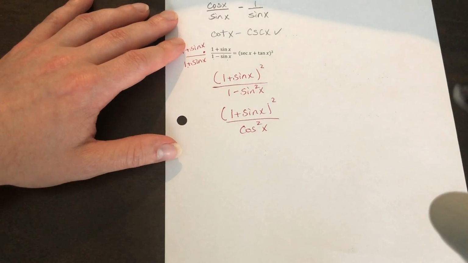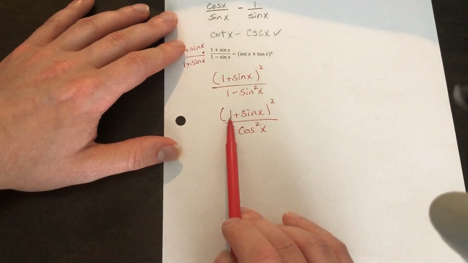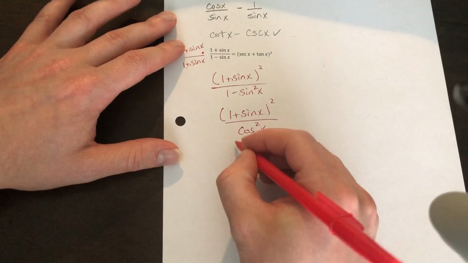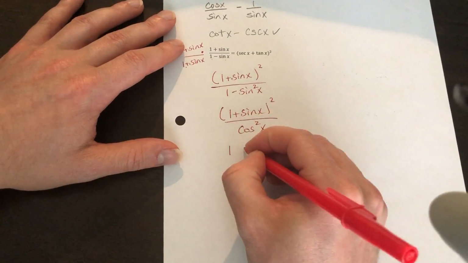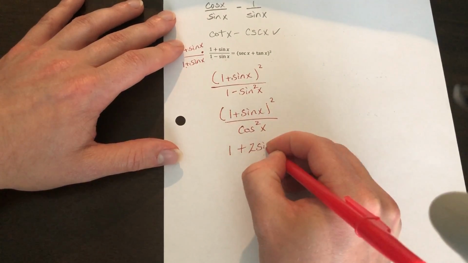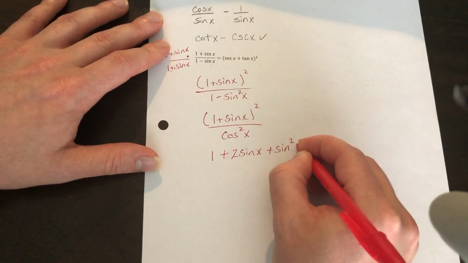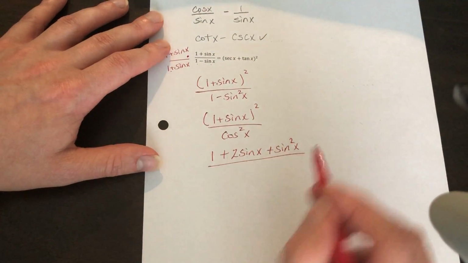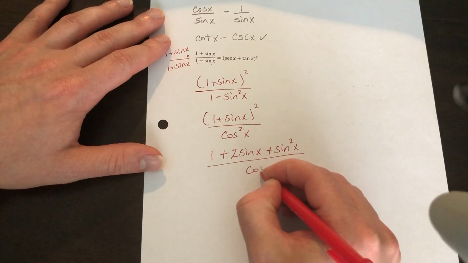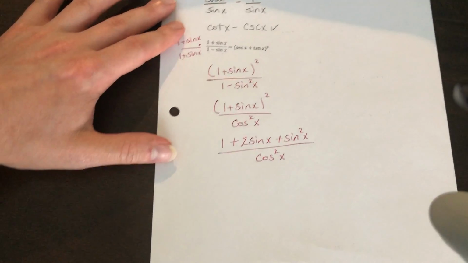Okay, so what we're going to do is, it's probably easier to FOIL this out mentally. 1 plus 2 sine of x plus sine squared x, all over cosine squared x.